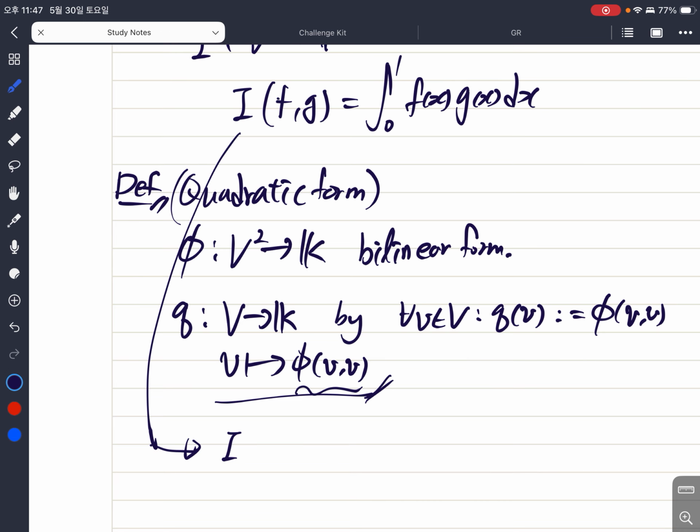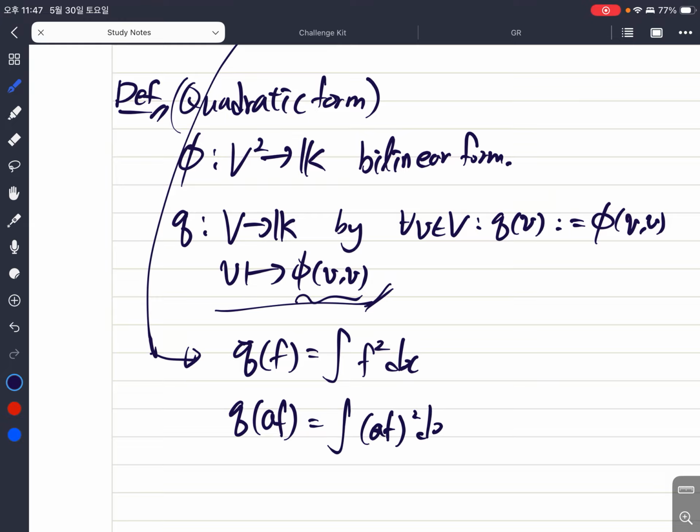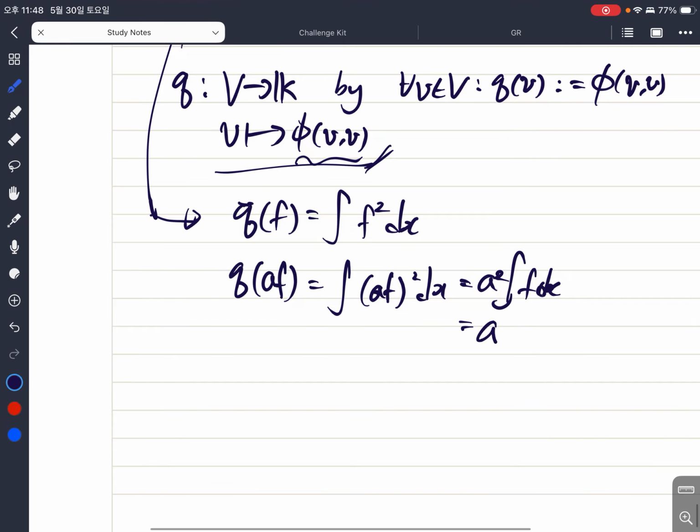Let us say using I, QF is the integral of f square dx. If you put QAF, it becomes the integral of AF square dx. It is A square times the integral of f square dx, and this is A square QF. This is why it is called quadratic, because you put just A, and it becomes A square.